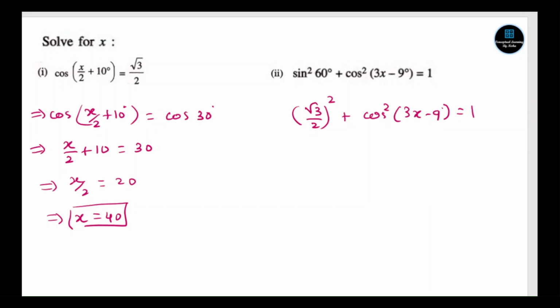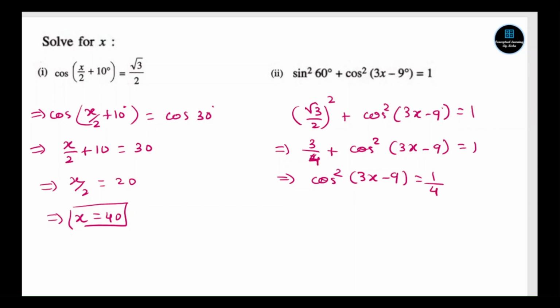If you know the identity, you can directly solve this question using the identity. Alright. Now this is 3 over 2 plus cos square (3x minus 9) equals 1. And now when I solve this, I'll get cos square (3x minus 9) equals 1. Sorry, this is going to be square, so 1/4.